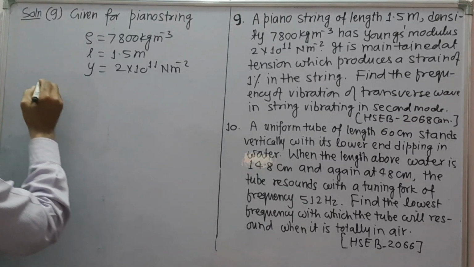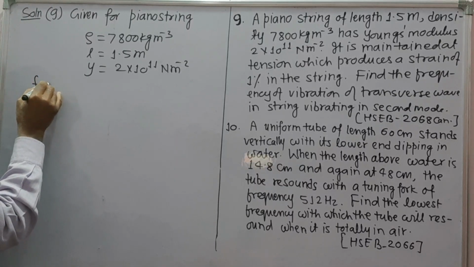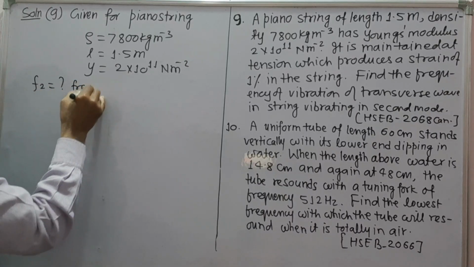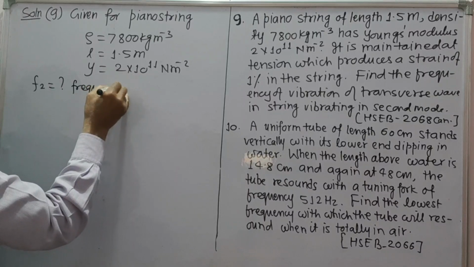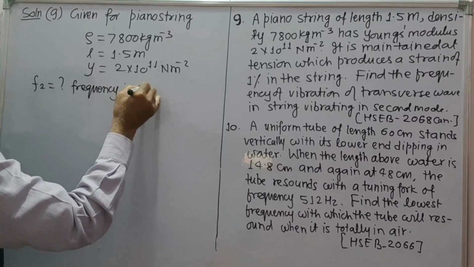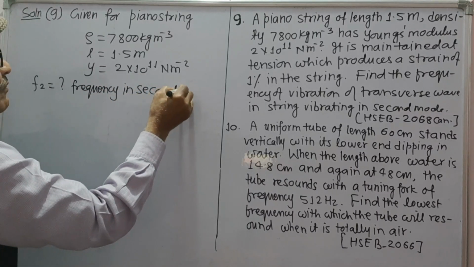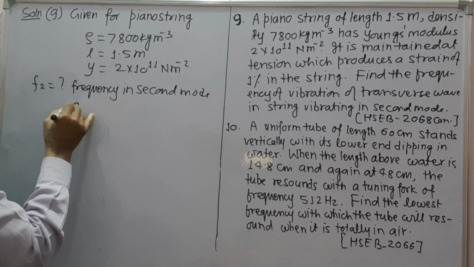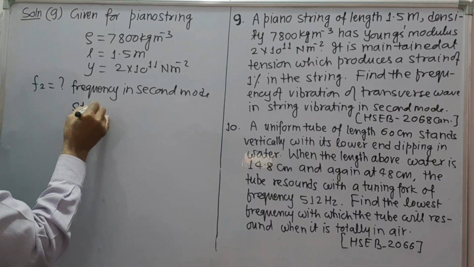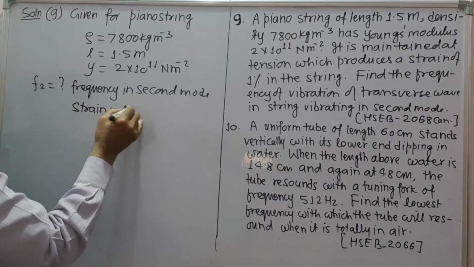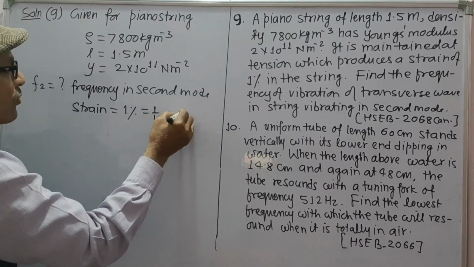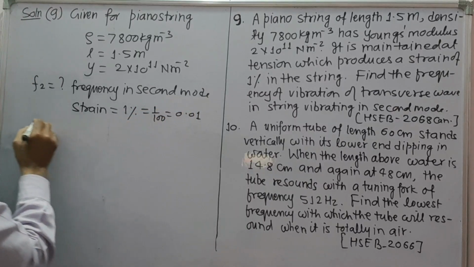We have to find F2, frequency in second mode. Longitudinal strain is 1%, means 1 upon 100, which is 0.01.